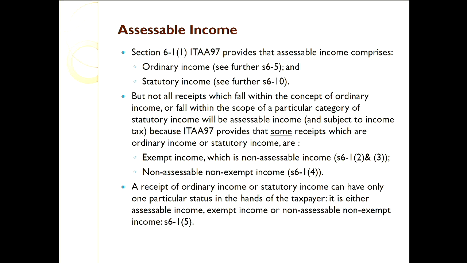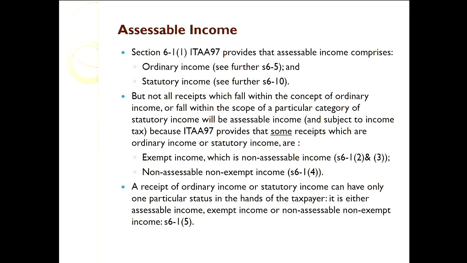How the law is structured is, if a receipt is ordinary income, you don't ask, is it statutory income? You don't go straight to considering whether it's statutory income. So the analysis under the law is you consider whether it's ordinary income.